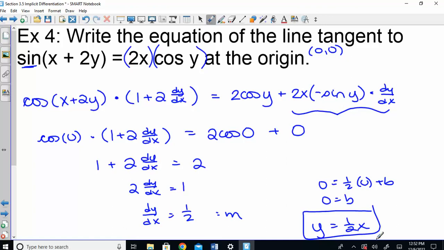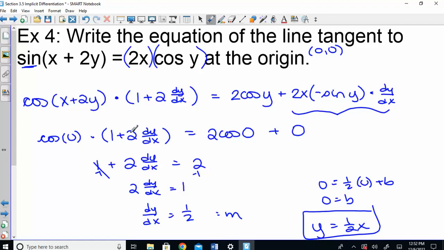Isn't it 1/3? Like the n? 1 plus 2. Oh, I subtracted my 1 over first. And then I divided by 2. Yeah, but the divided by 2, it's 1 plus 2 dy dx. Mm-hmm. But like terms, you can't add these because this is multiplied with the dy dx. So I had to subtract my 1 to the other side.